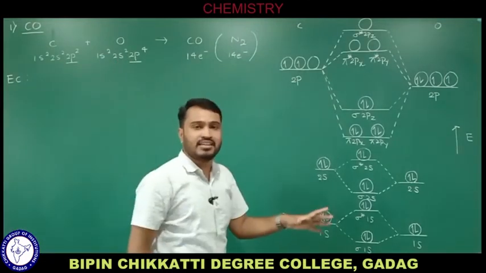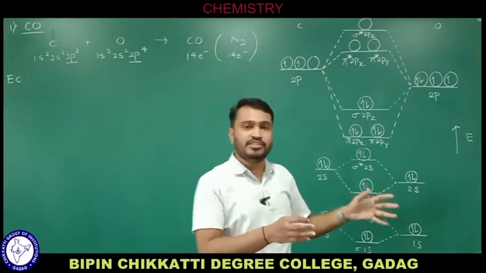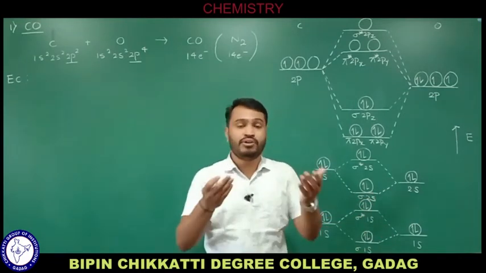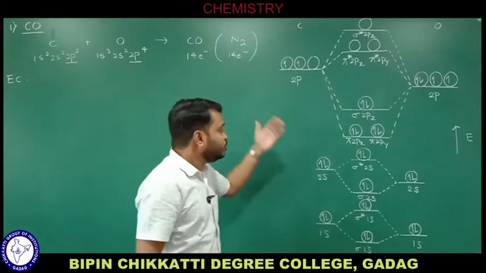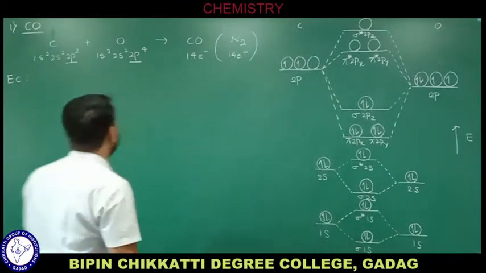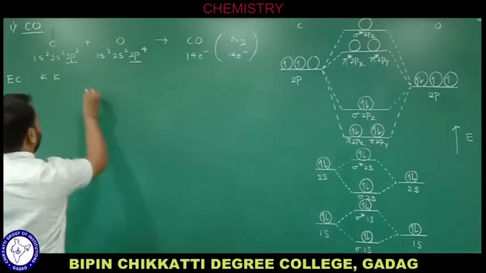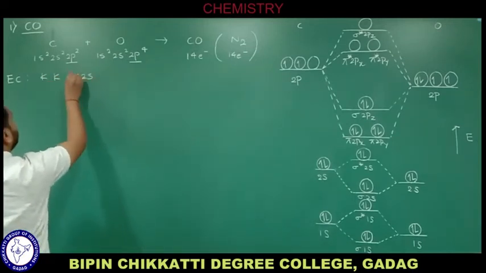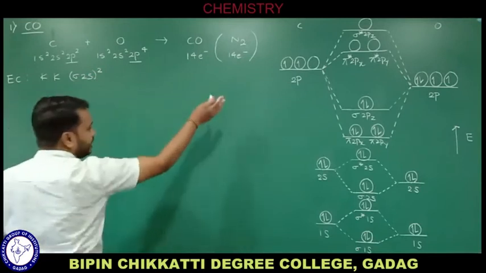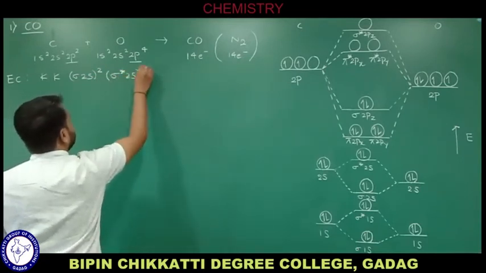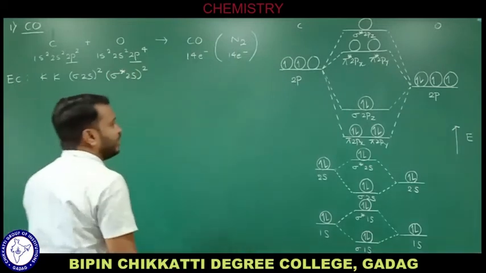So the K shell is completely filled and does not take part in bonding; only the L shell, the 2s and 2p, will take part in bonding. You can write the electronic configuration as K and K, and next we have sigma 2s2, and next energy level sigma star 2s2. The superscript 2 represents the number of electrons in the respective orbital.